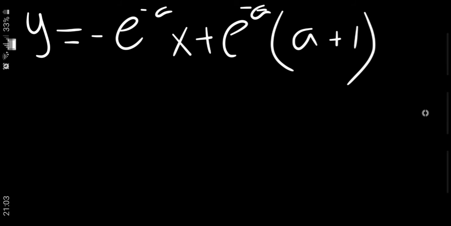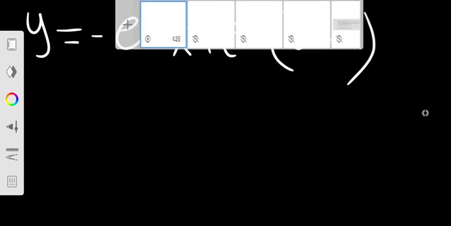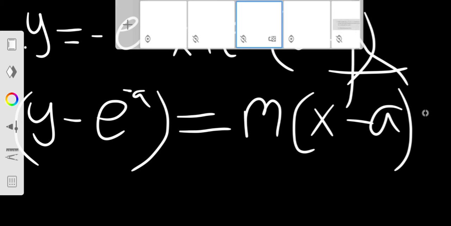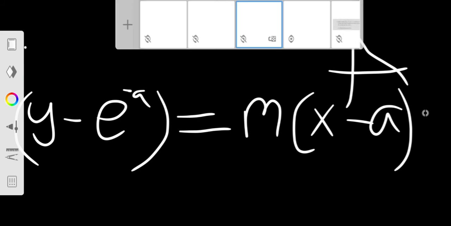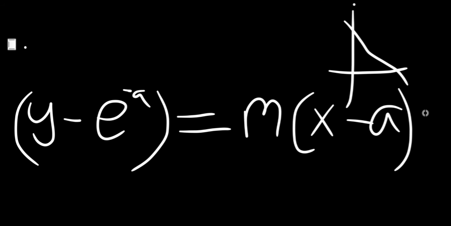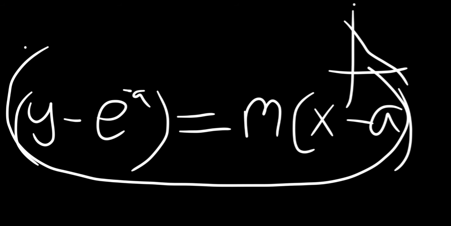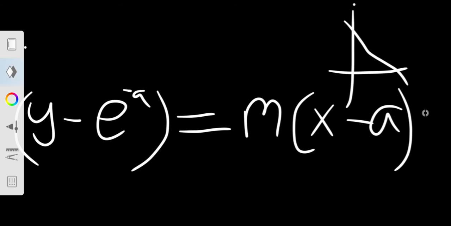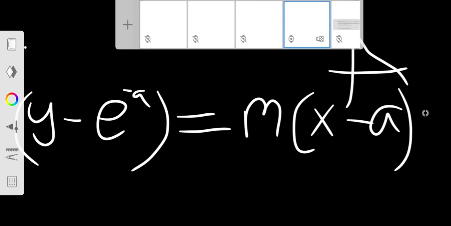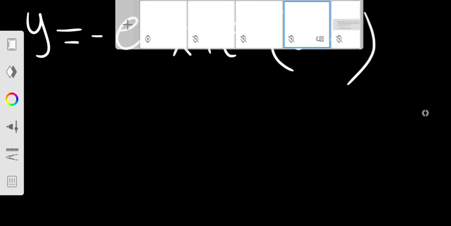Okay, I didn't do anything magical over here. So what I did basically was, this was our goal. We found m, and then I separated to find the y alone.